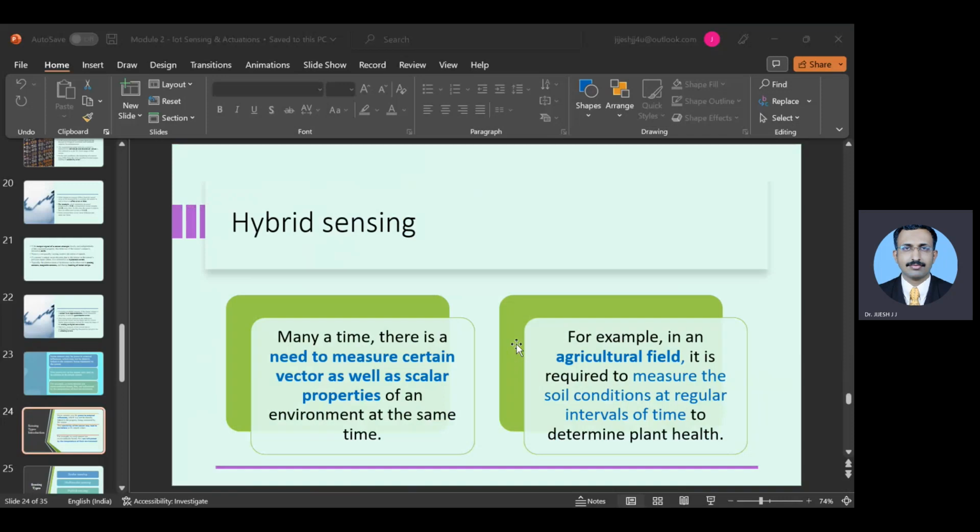Anyone is having agriculture land where these sensors are required? Okay, what else? So, the example is the agriculture field where you can measure soil conditions at regular intervals of time.